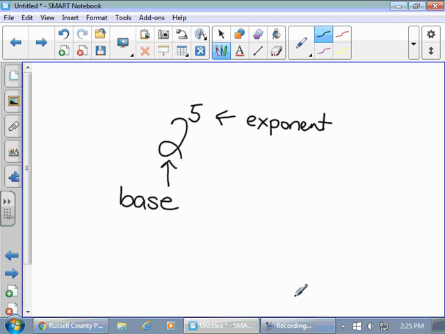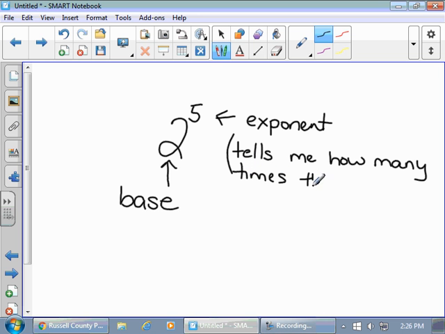Now, the exponent tells me how many times the base gets multiplied by the base.